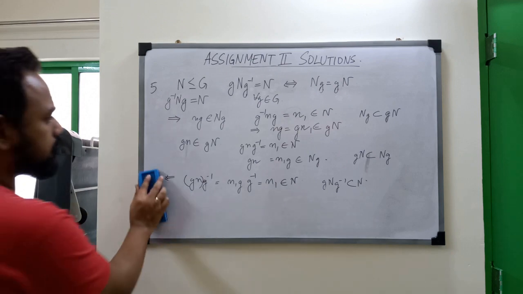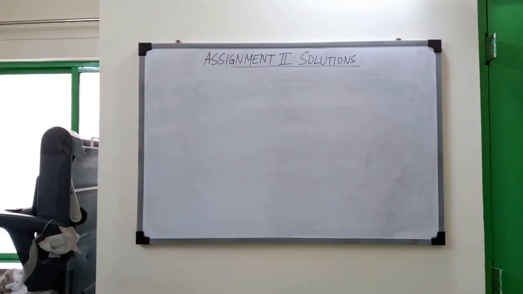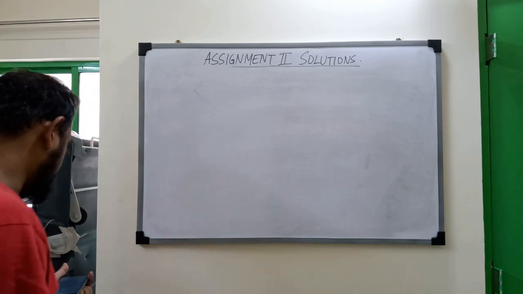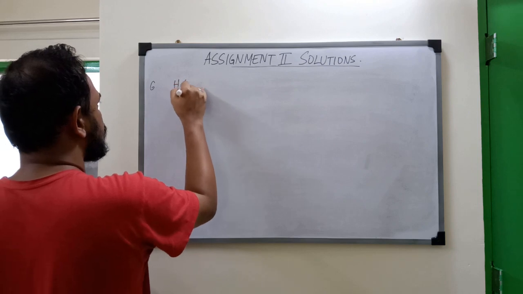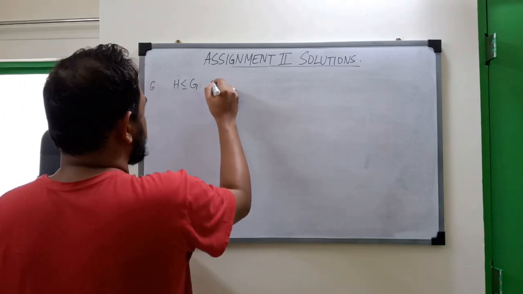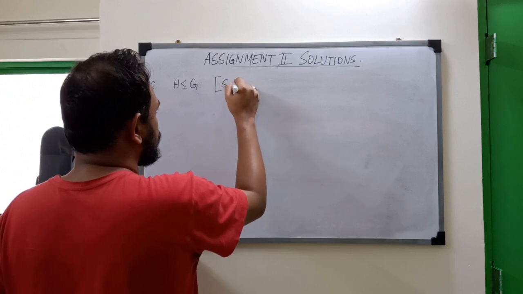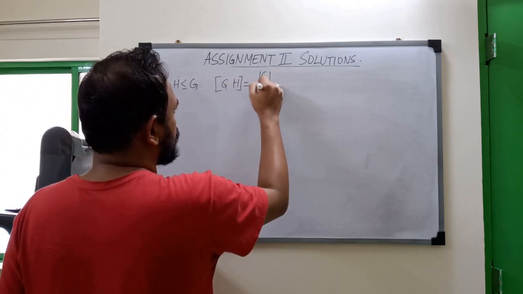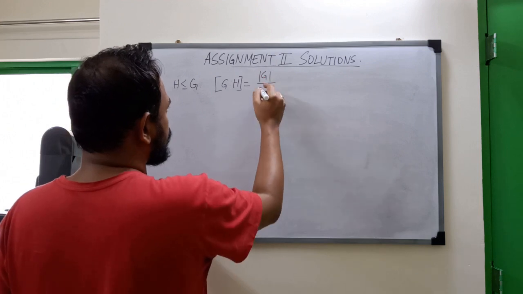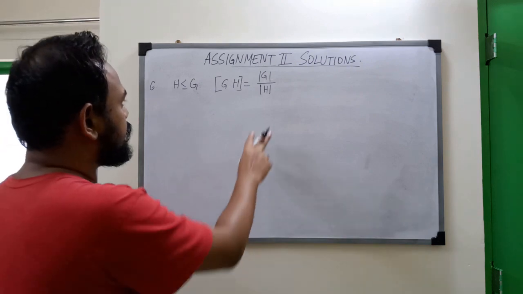All right, so we'll just finish off with problem number 6. Problem number 6 said that suppose H is given to be a subgroup of G, and here what we define is what is called the index of H in G. It's just the division of the number of elements in G by the number of elements in H. That's whatever number you get.